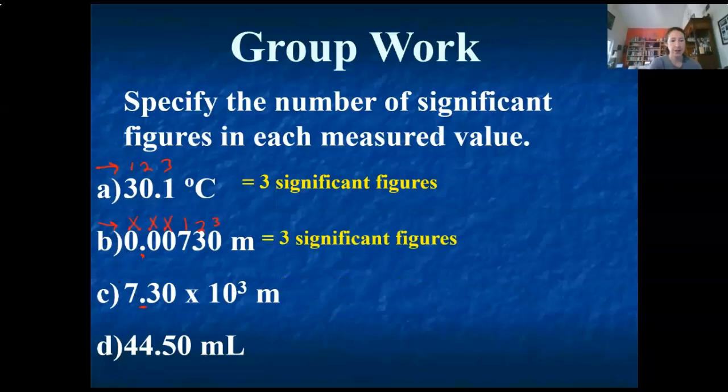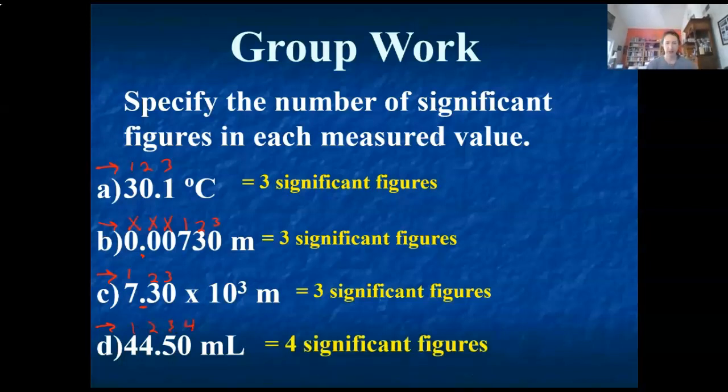Again, decimal place is present, starting from the Pacific side. 1, 2, 3 significant figures. Once we start counting, once you put that number 1 down, you count every number until you're done with the number. So for example, with this one, not a 0, so we count here, 1, 2, 3, 4 significant figures.